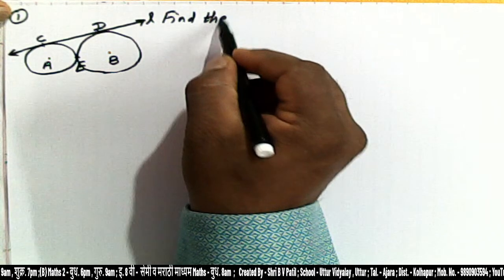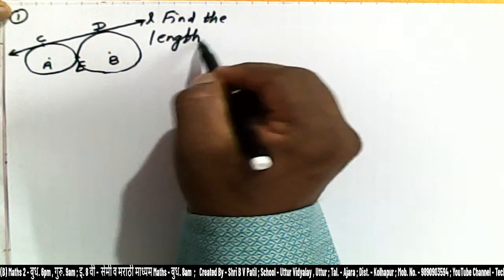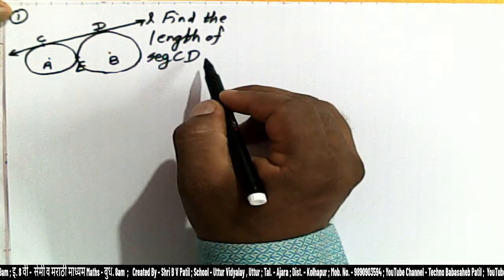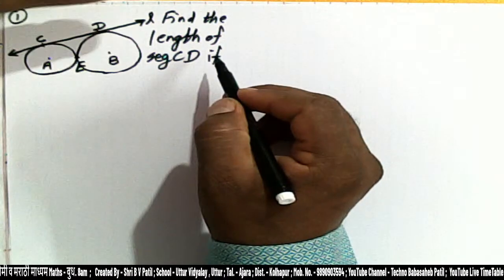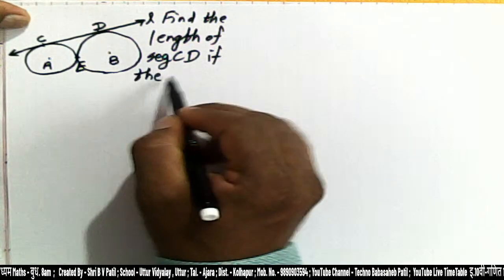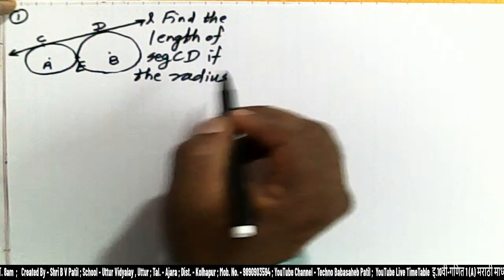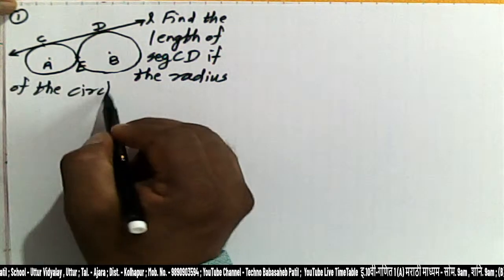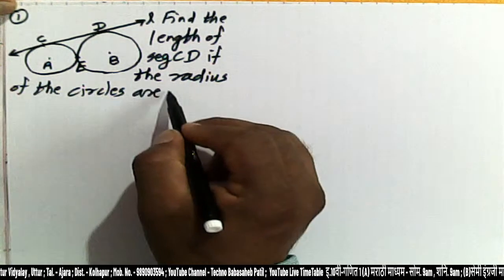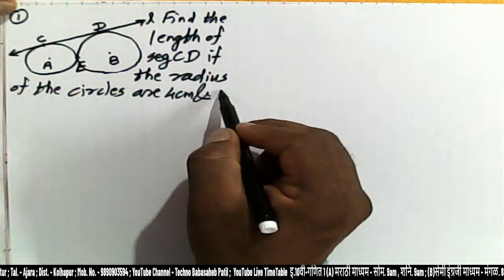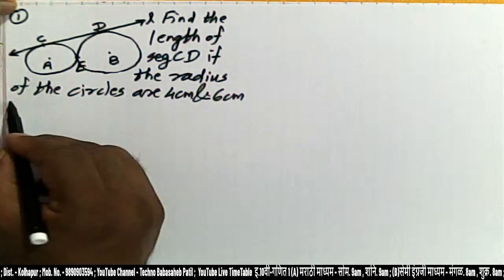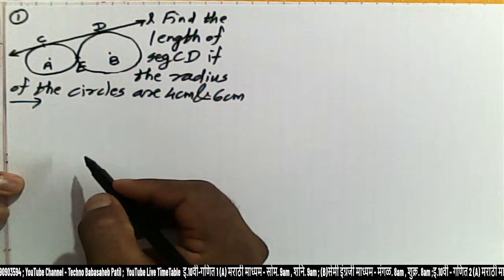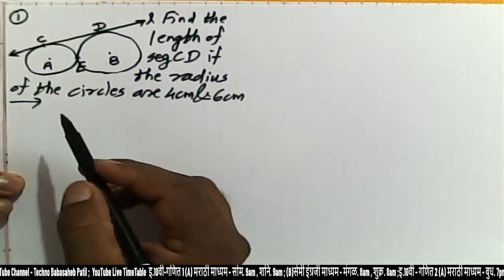Find the length of segment CD if the radii of the circles are 4 centimeter and 6 centimeter. That information is given here.